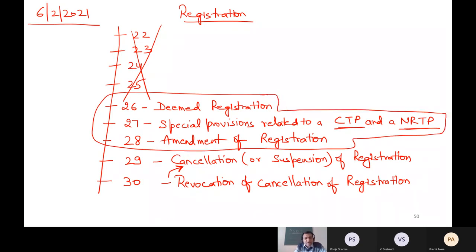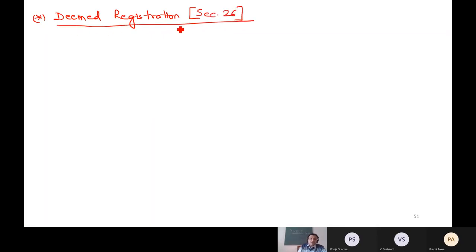I will show you the act later on. Let me simplify that directly. Section 26 talks about deemed registration. And what do I mean by this? Now, if you remember, registration under GST is state-wise or union territory-wise.